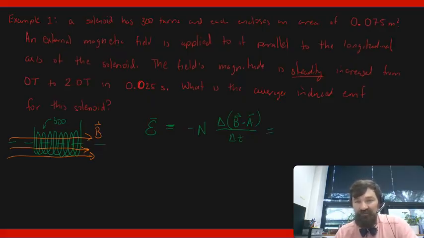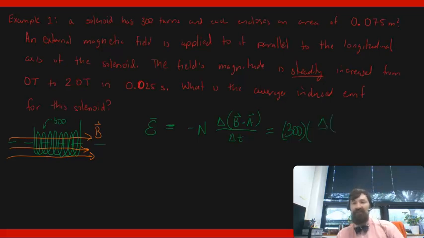So this ends up being 300 windings times delta of B dot S. B is 2 Tesla minus 0 Tesla. S, or A, is 0.075 square meters.